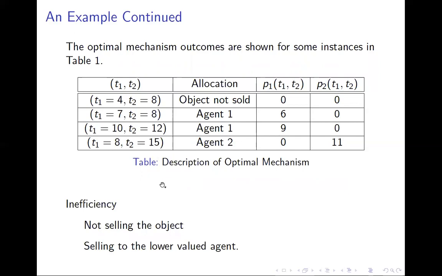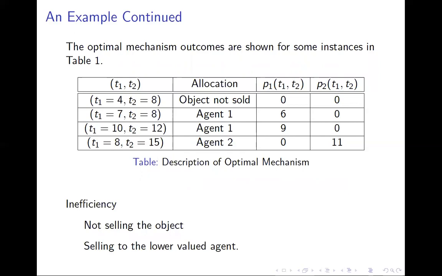Okay. Can you explain this again? The third one. Why agent 1 pays 9? Yes, sir. So we know that what is the payment of an agent? It is the least type at which she starts winning. Okay.